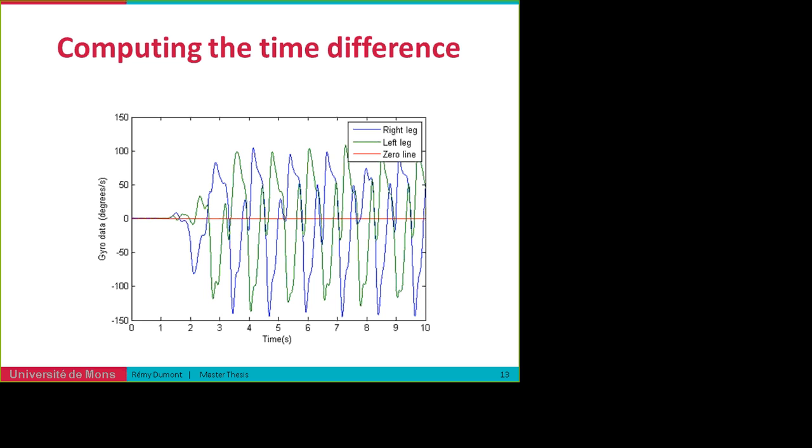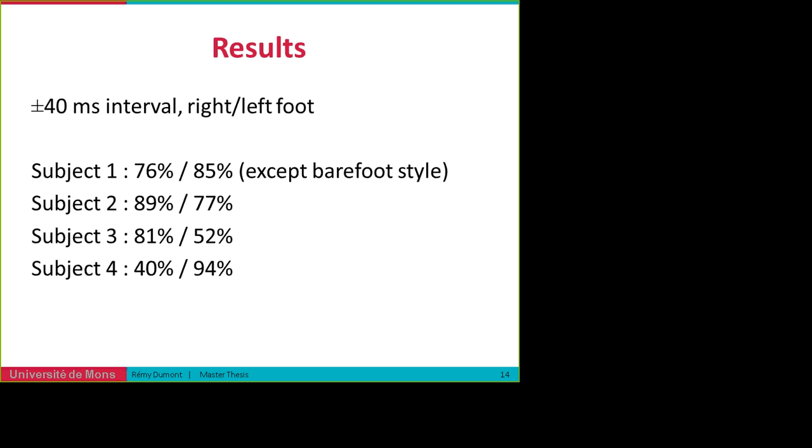We have tested this algorithm on 4 people, and the results are quite good because the time difference between the initial contact points detected by both angles is, for 80% of them, in the plus or minus 40 millisecond interval, which is quite restricted.